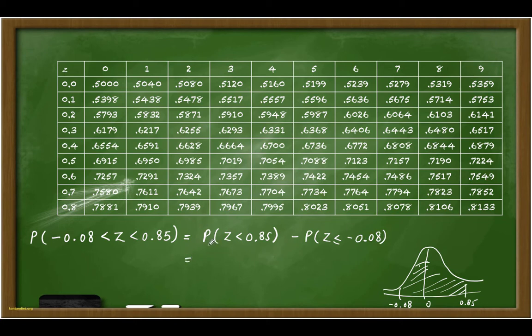So the probability that z is less than or equal to 0.85 is 0.8023, because for 0.8 and 5 it's 0.8023, minus 0.5319, because the probability of 0.08 is 0.5319. So when you subtract them, you get 0.3342.